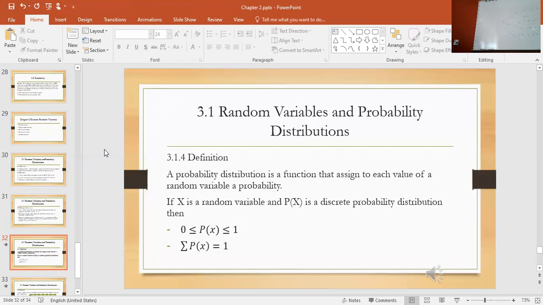You can say that let x be a random variable, p of x, example 1, is a discrete probability distribution.